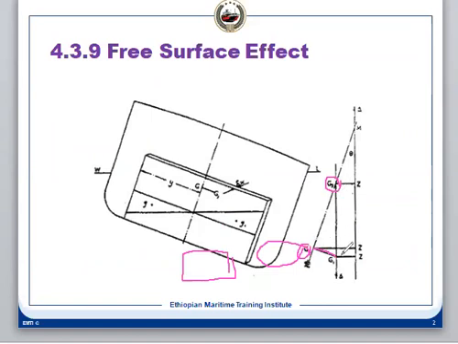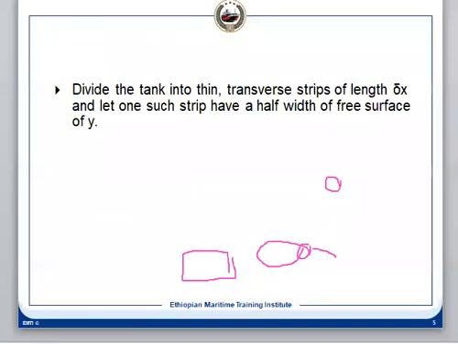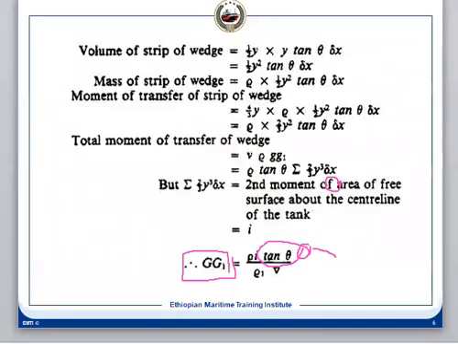What we have calculated by this formula, the tan theta is there, GG1. So what is this GG1 we have derived? We have rho tank, I tank divided by rho, the seawater where the ship is floating, and delta.